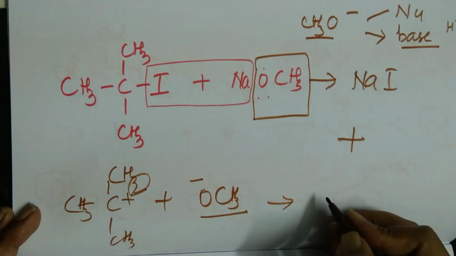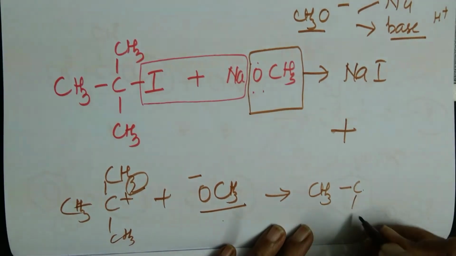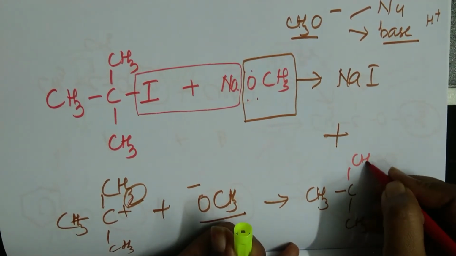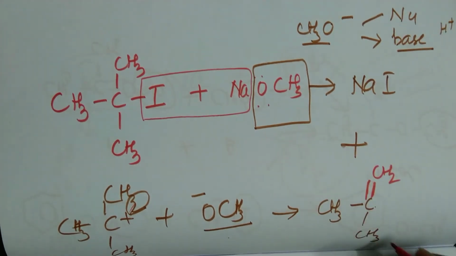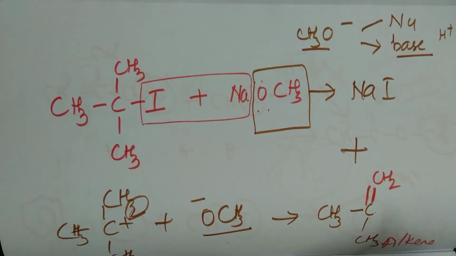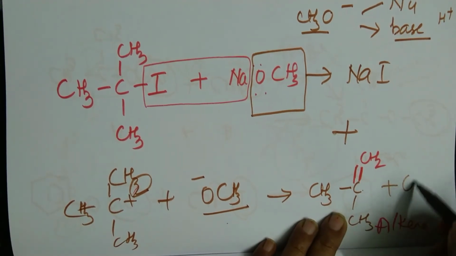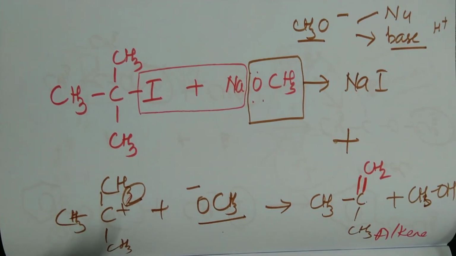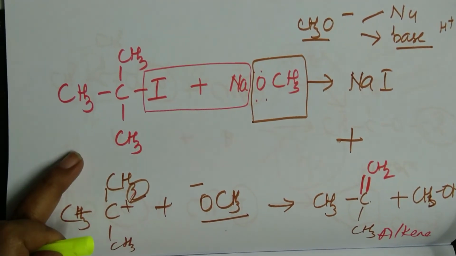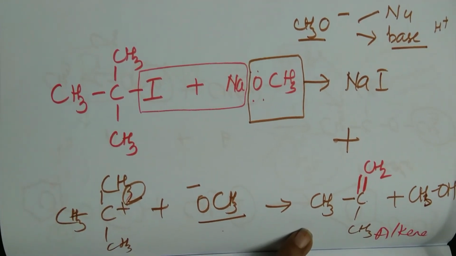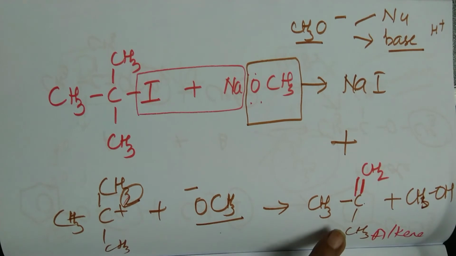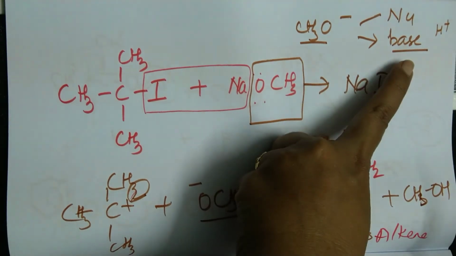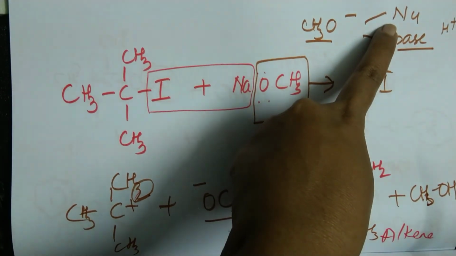So you end up with CH3, and this CH3 will become CH2, and there is formation of a double bond, which is nothing but an alkene, and alcohol is formed, CH3OH. Therefore, we should always use primary alkyl halides. If you use tertiary alkyl halides, you end up with alkenes only. It prefers to undergo elimination reaction. Why? Because your alkoxide ion behaves as a base rather than behaving as a nucleophile.